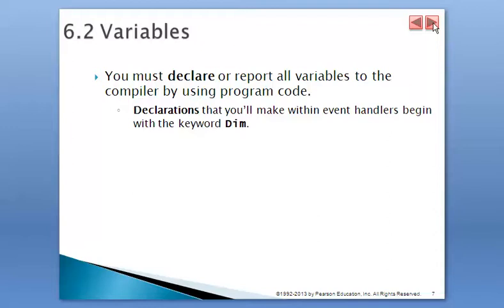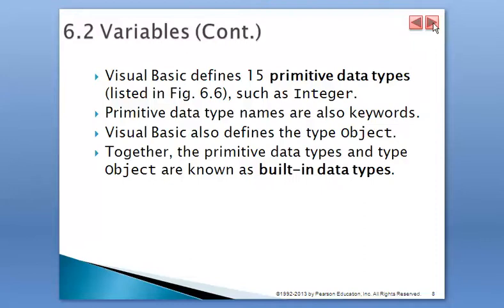In figure 6.6, the textbook presents some of the basic data types that can be used in Visual Basic, and those names are also keywords. In one of my slides before, I said when you give a name to a variable, you shouldn't use a keyword or something that we call a reserved word.